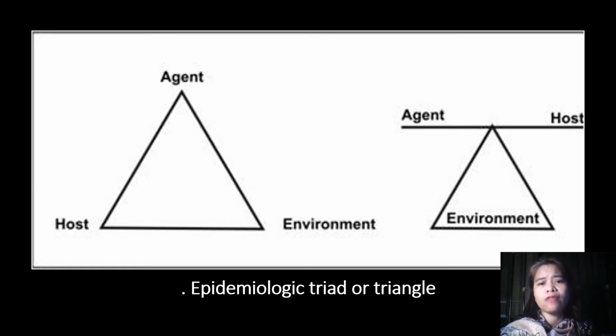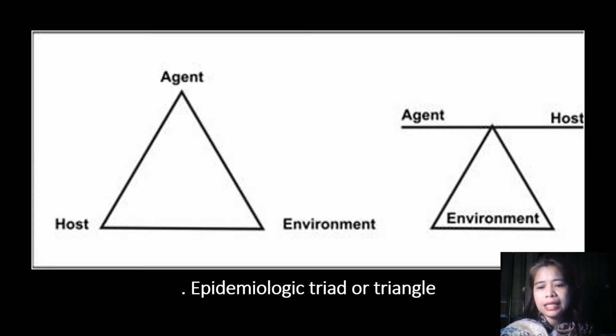Agent, host, and environment factors are interrelated in a variety of complex ways to produce disease. Different diseases require different balances and interaction of these three components. Development of appropriate, practical, and effective public health measures to control or prevent disease usually requires assessment of these three components and their interaction.